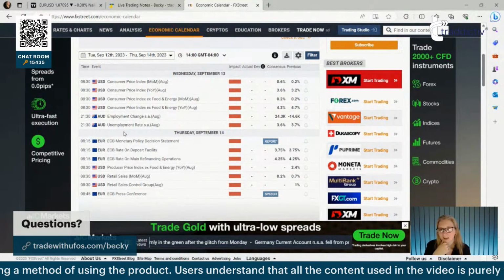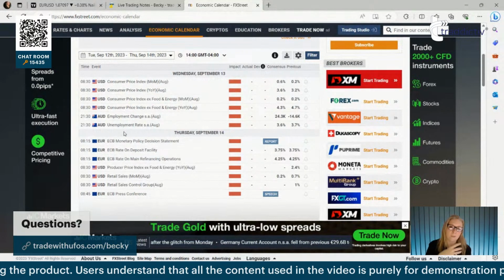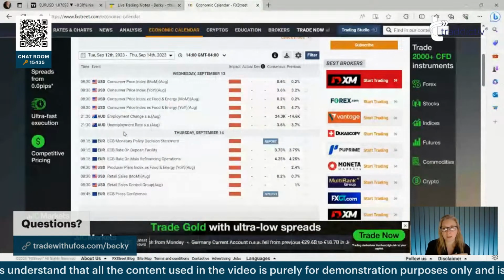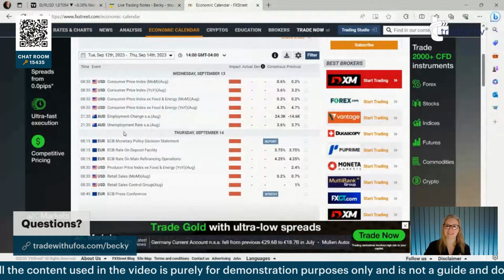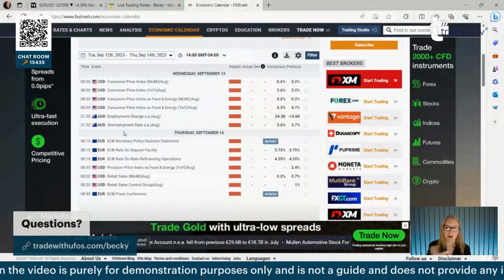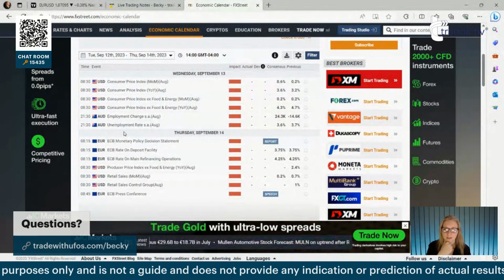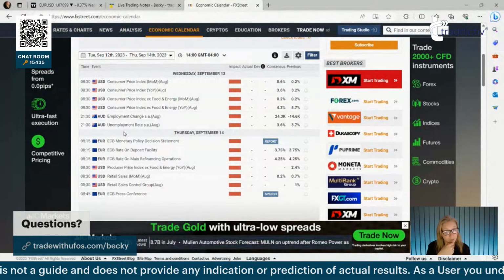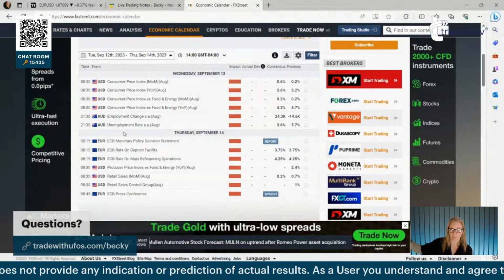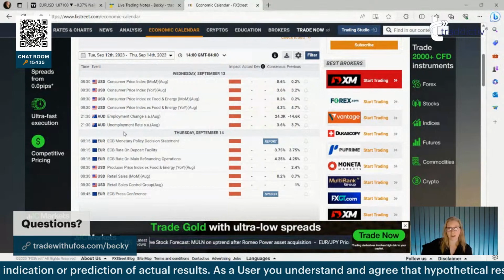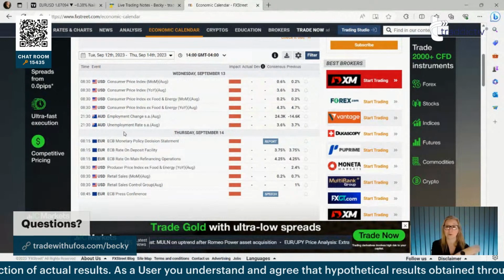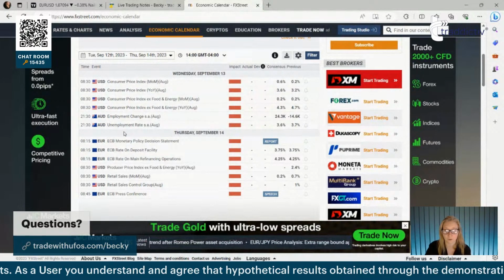For the purposes of this video, I'm going to look at different markets. I will avoid the euro dollar, the Aussie dollar, and the euro Aussie. But otherwise, I'll look at any trades and I will place them. It's up to you to decide if you want to go a little bit more conservative and not trade any of these at all, or if you want to ignore it entirely and be a little bit more risk tolerant.